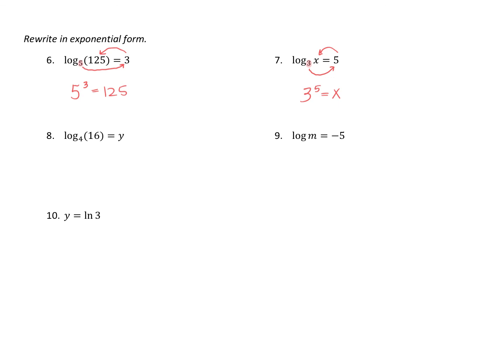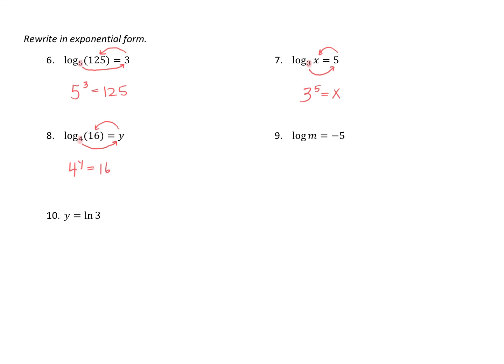Number 8, identify the base. The base is 4. So 4 raised to the power y is equal to 16. Number 9, identify the base. Notice that there is not a base here.